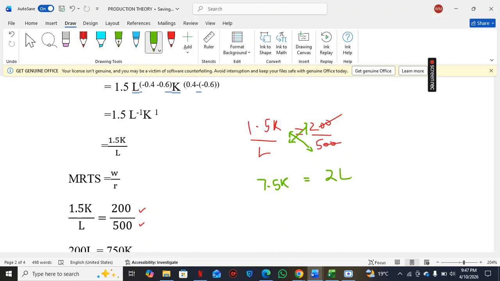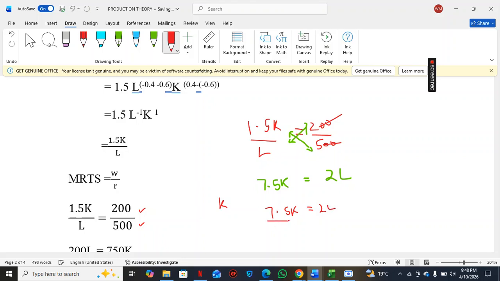Okay, so once you have remained with this, find the value for K, find the value for L. Okay, so we can start with K. If we make K the subject of the formula, you say 7.5K equals 2L.